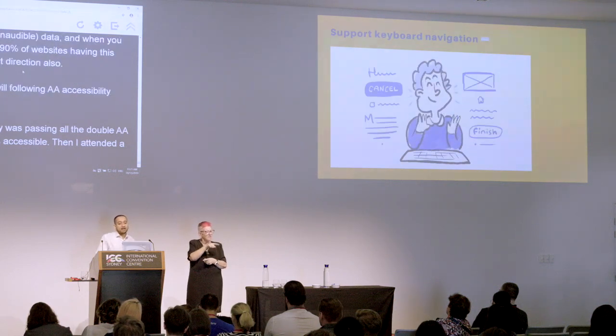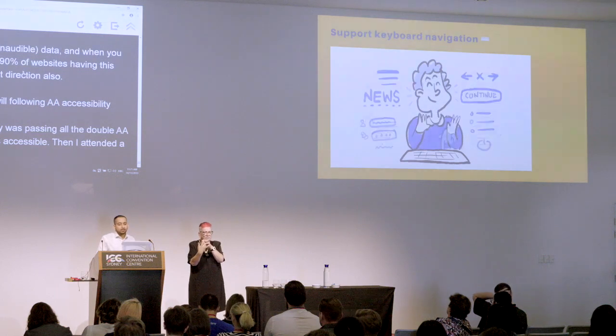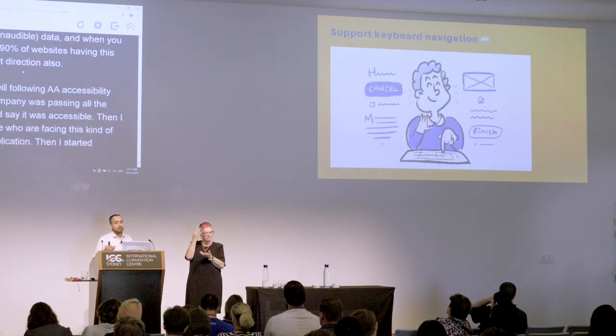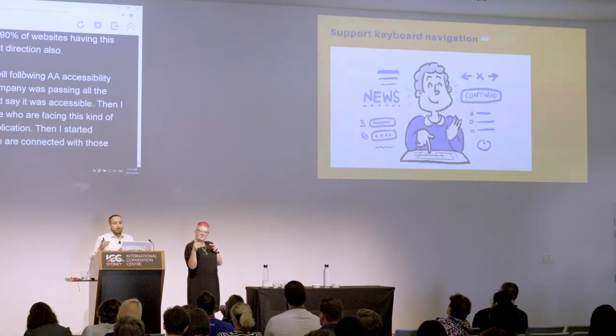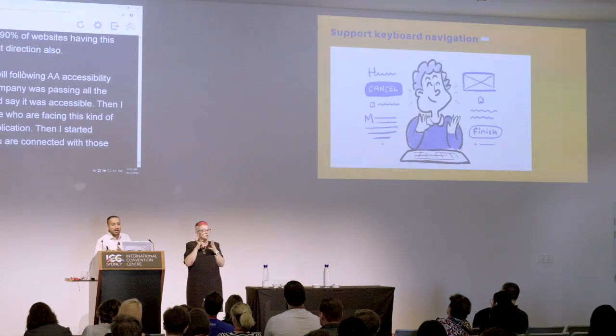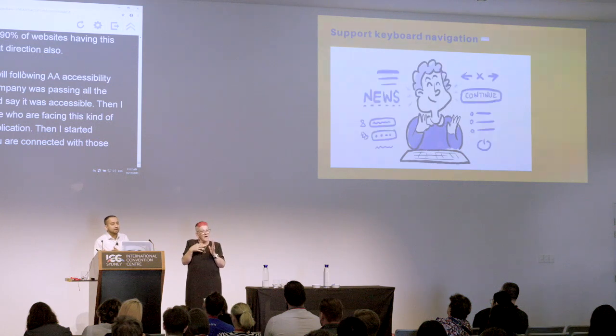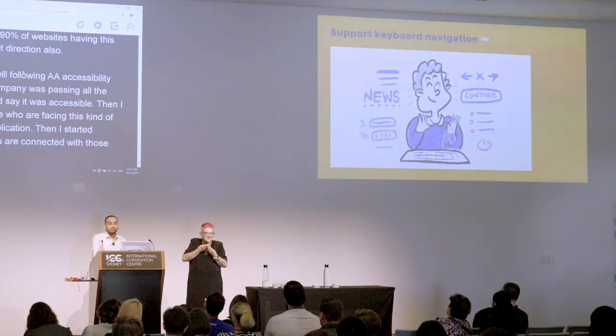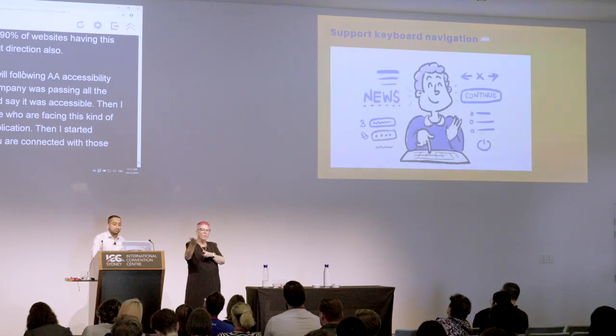Then I started connecting with those people, and when you are connected with those people, you start thinking from their side. So it is not because I have to pass that AA level accessibility, but because I need to make something inclusive, where I'm including those people also.